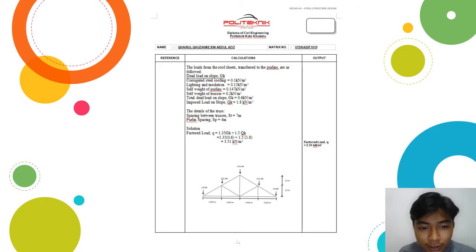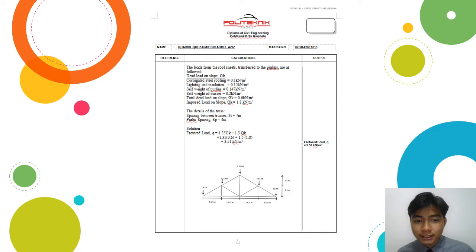So we have 0.6 for GK and we have QK of 1.8 kN/m². So we just put it inside the bracket.